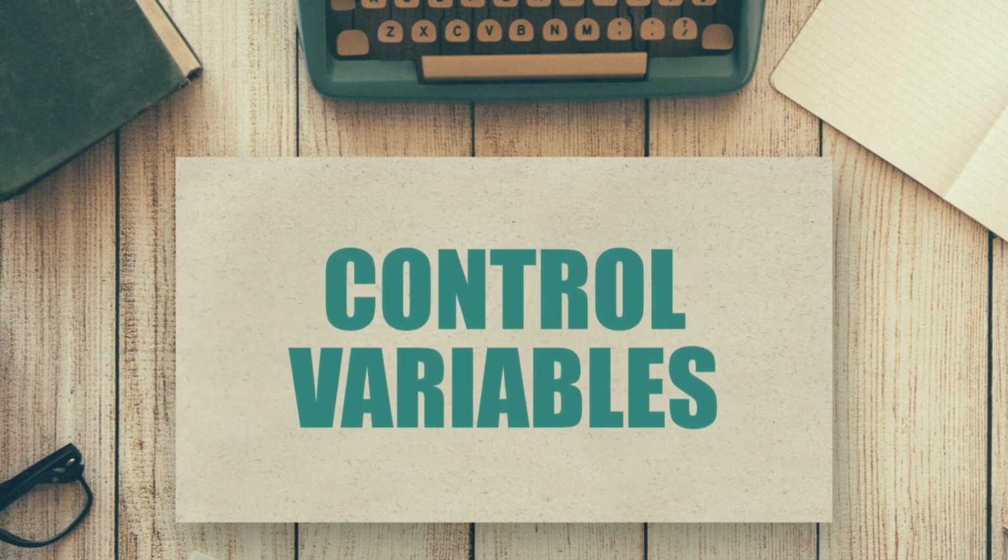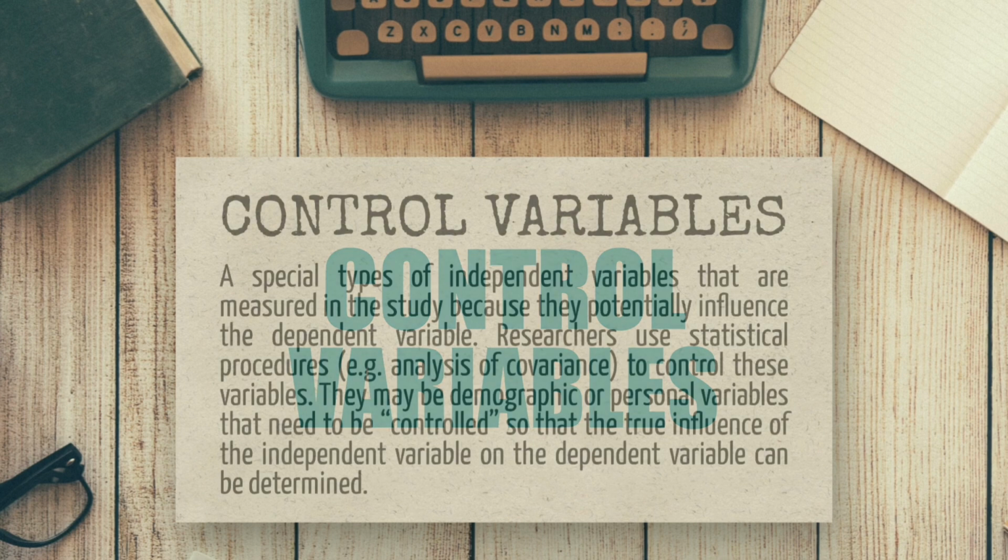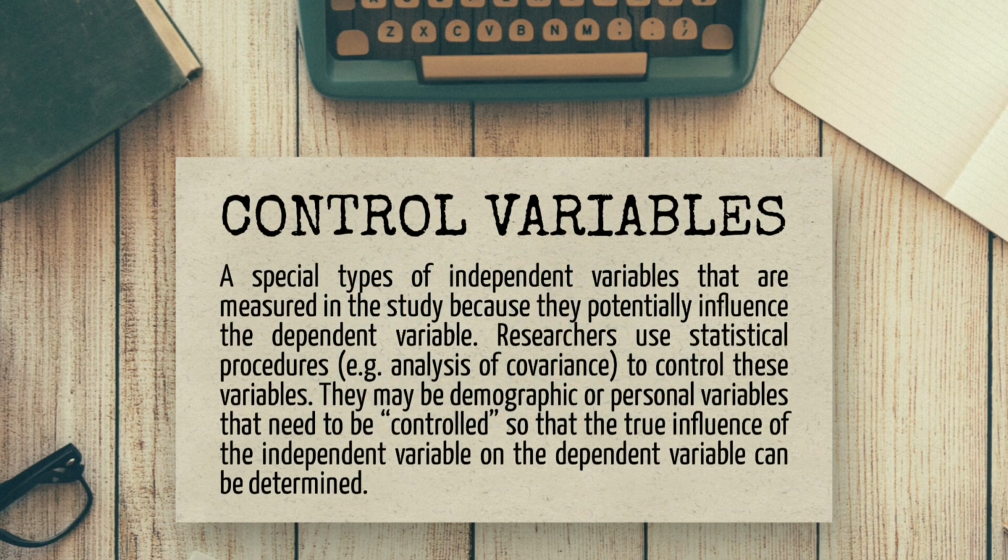Number 4. Control variables. Control variables are special types of independent variables that are measured in the study because they potentially influence the dependent variable. Researchers use statistical procedures to control these variables.